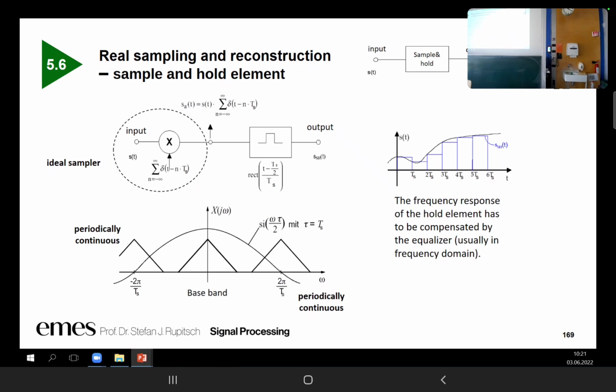In case of a Dirac pulse, this rectangular is very small, and the sinc function is right. Then we won't have this problem that our original spectrum from the baseband gets affected by the reconstruction.